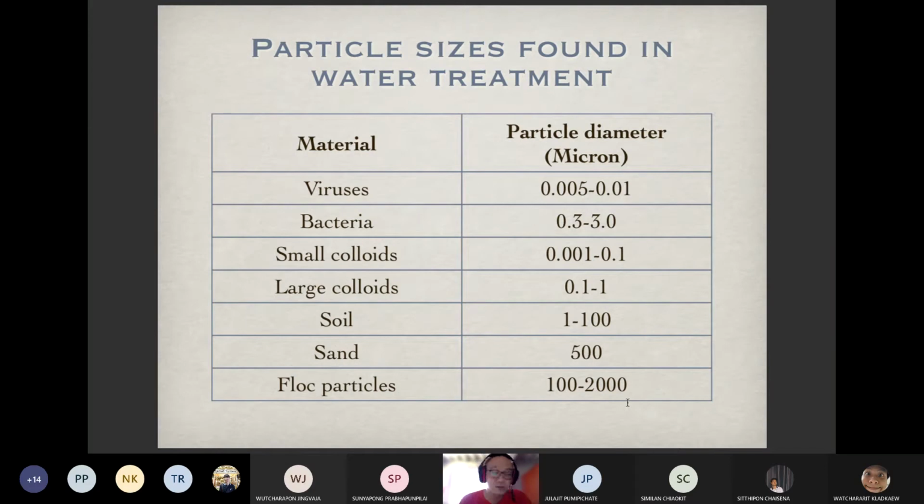So it's big enough to settle within only 2 or 3 hours to the bottoms of the chamber. So the floc size is greater than the sand particles, and of course larger than the soil particles.